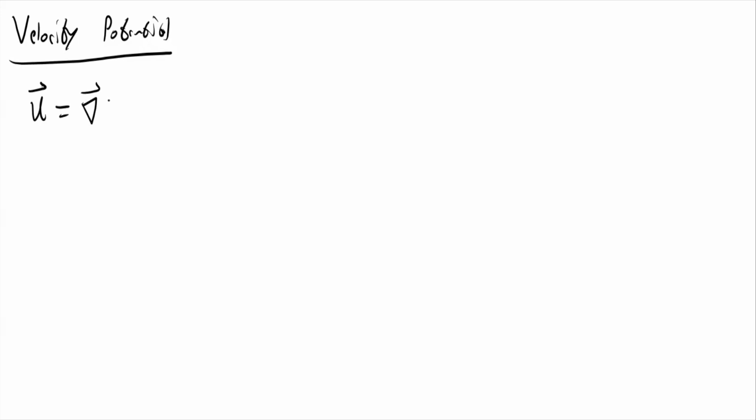Finally, let's talk about velocity potential. Velocity u is equal to the gradient of phi, where phi is the velocity potential.